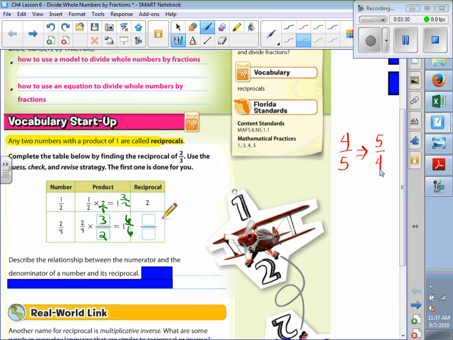So, if I said, what's the reciprocal of 7/8? 8/7. Is everybody clear? Notice I did not write equals. I wrote an arrow. Okay? Because 4/5 is not equal to 5/4. The reciprocal of 4/5 is 5/4.